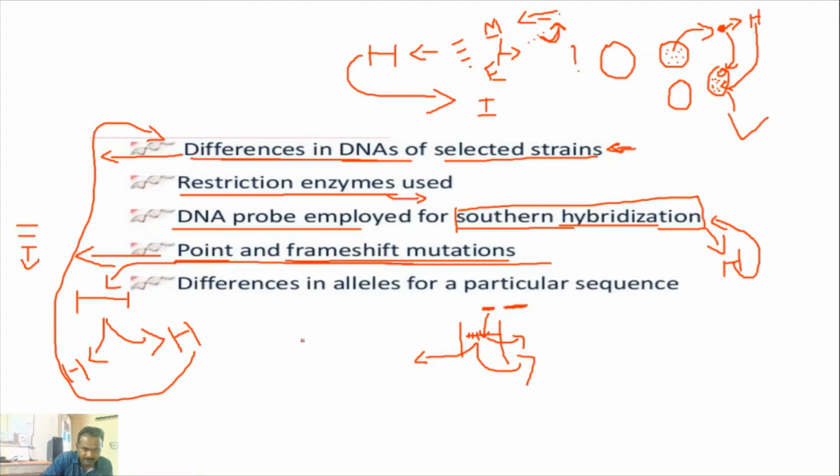Frame shift means it alters the genetic codon nature. If the codon nucleotides are altered, the corresponding encoded amino acids are altered.